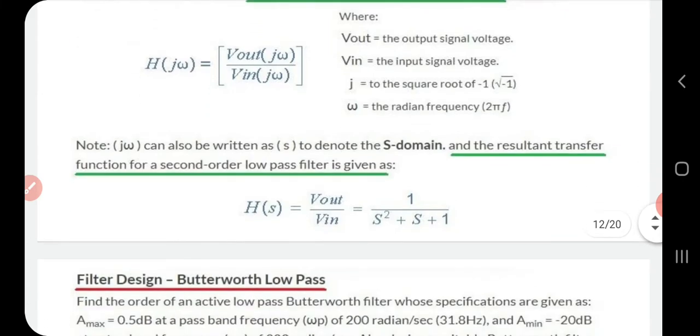So these expressions we have to take into consideration while designing a low pass Butterworth filter. All these terms come while we are writing about the design of a low pass Butterworth filter.